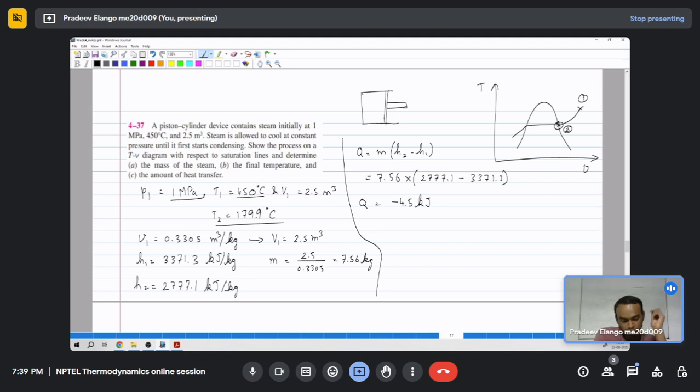We have got negative because the final enthalpy is lesser than the initial enthalpy. So this is the amount of heat transfer.